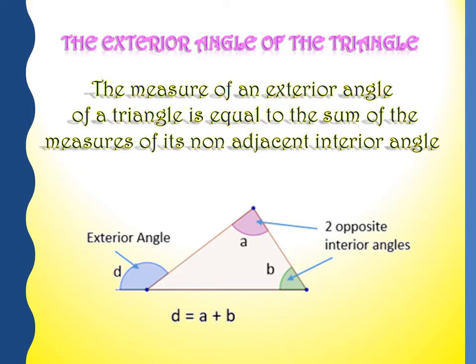That means the measure of any exterior angle is 180 minus its interior angle. From this we can say that the measure of any exterior angle equals the sum of the measures of the two non-adjacent interior angles, as shown in this figure.